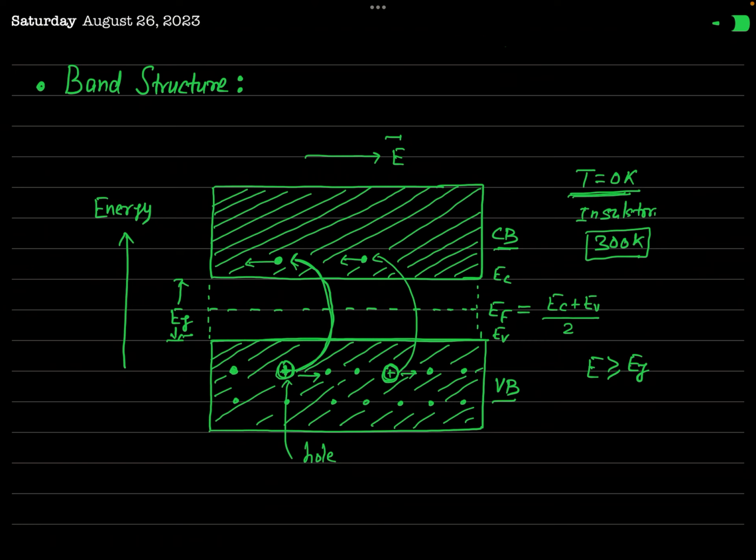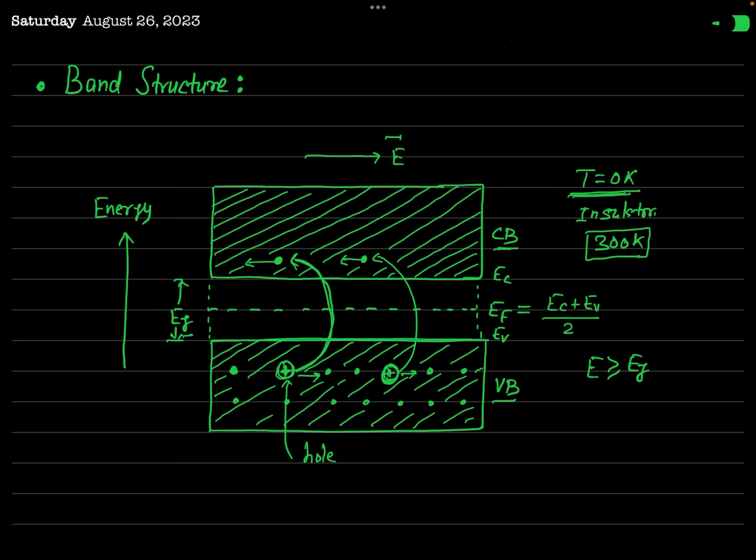And if an electron moves from the valence band to the conduction band, at that site in the valence band, a hole will be created. So, as I have shown in this figure, if two electrons jump from the valence band to the conduction band, then there will be two holes in the valence band.